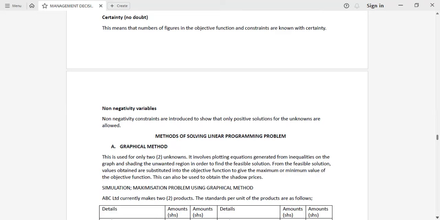It means that we know these values that we are putting in under our computation within the objective function and the constraints for that period that we are studying. We know the values.